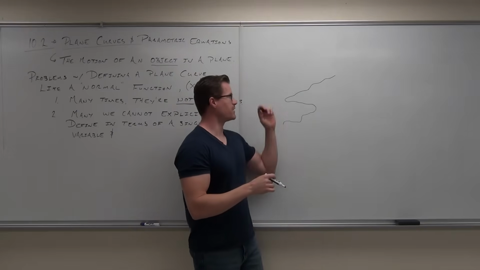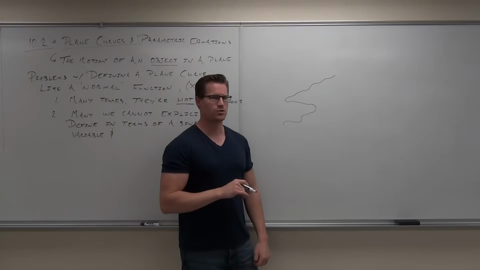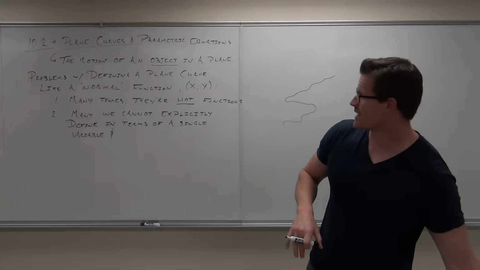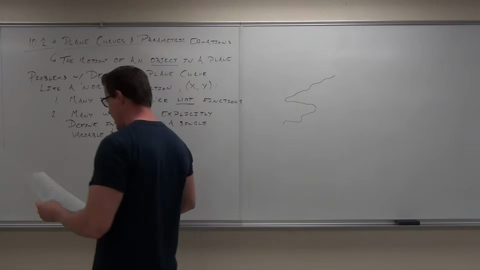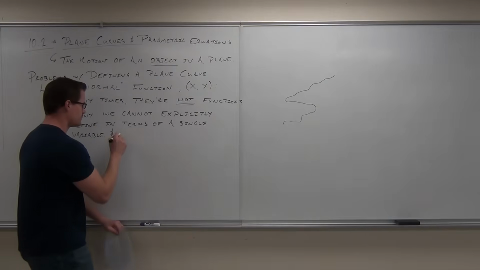So if I just list out this, without me telling you, do you know where the bug started? Do you know the direction that it traveled? Do you know where it was at any given time? No. That's another problem here. So, firstly, they're not functions. Secondly, a lot of times you can't explicitly define them as one variable, and they don't tell where the object is at a given time.